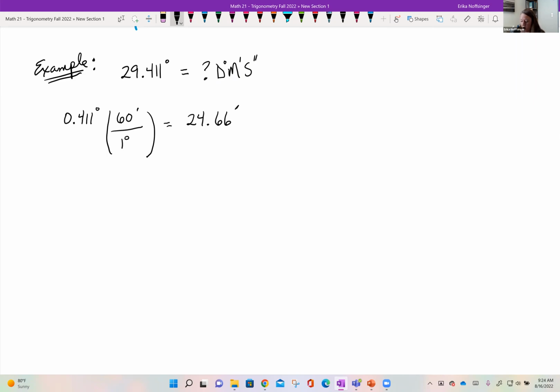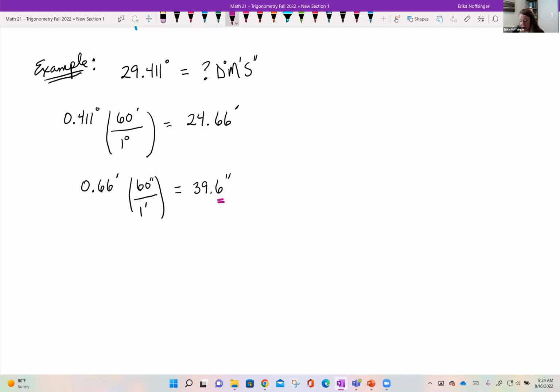We want to take our 0.66 minutes and convert that into seconds. So we're going to multiply that by 60 seconds over 1 minute. So 0.66 times 60 gives us 39.6 seconds. We're rounding to the nearest second.